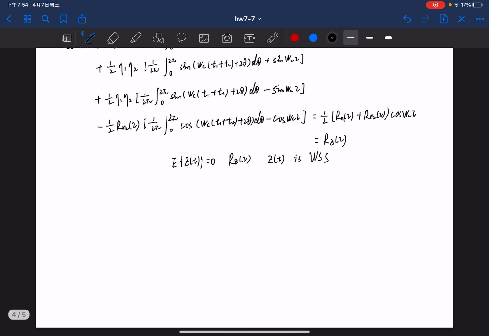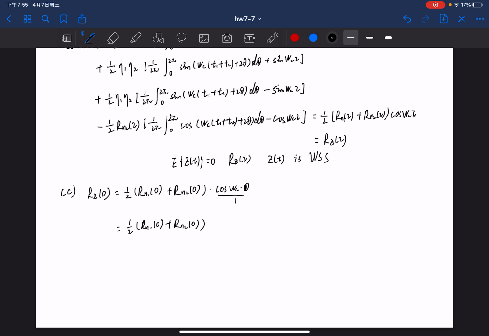For the C question, when tau is equal to 0, R_z(0), using the conclusion above, we know this equals 1 divided by 2 multiplied by (R_n1(0) plus R_n2(0)) and multiplied by cosine omega_c multiplied by 0, and this part is equal to 1, so it is equal to 1 divided by 2 (R_n1(0) plus R_n2(0)).